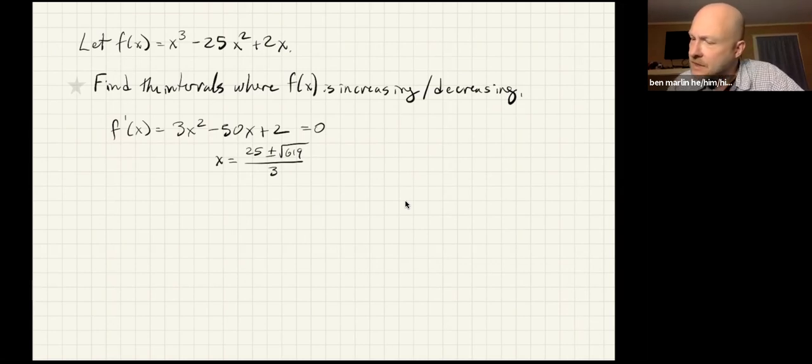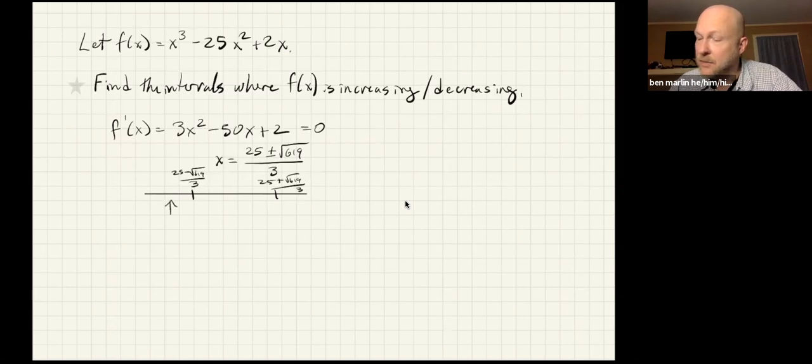Okay. So we will think about dividing up our number line at those points: 25 minus the square root of 619 over 3, and 25 plus the square root of 619 all over 3. And we need some test points.